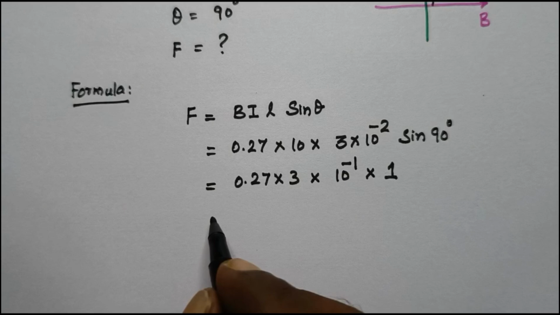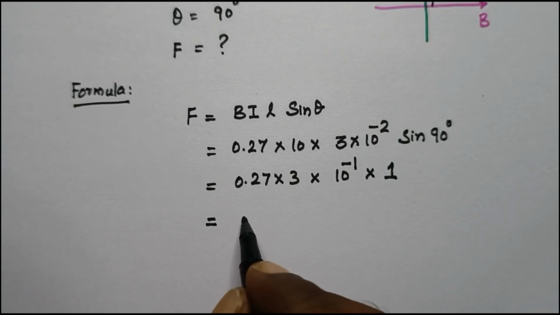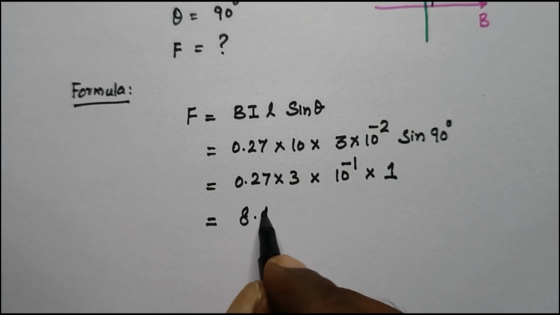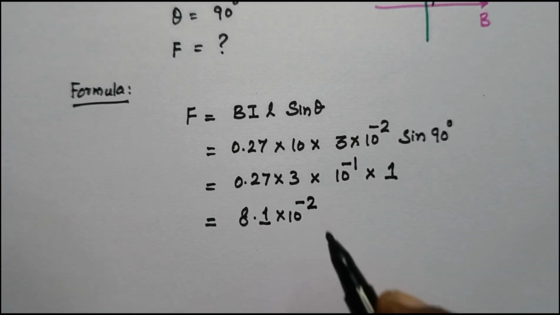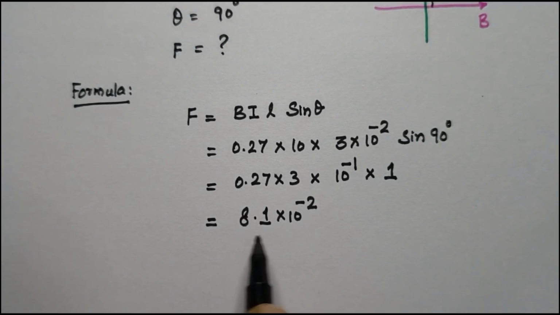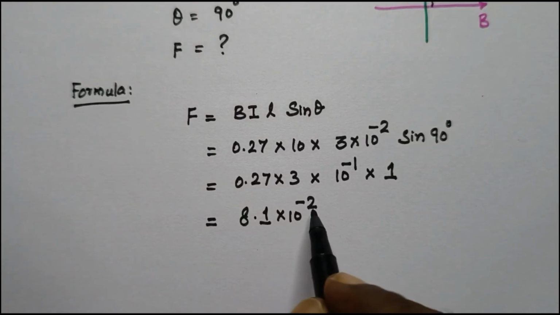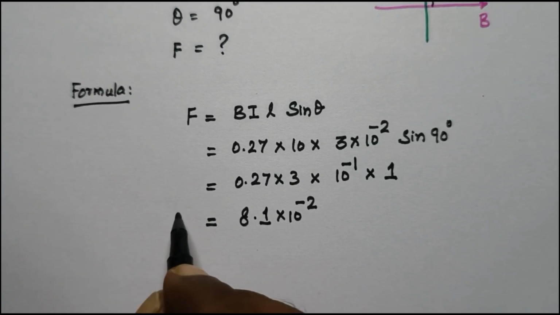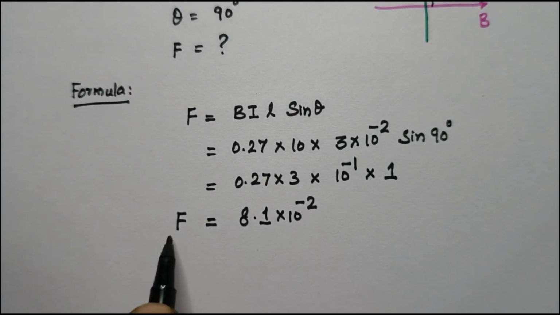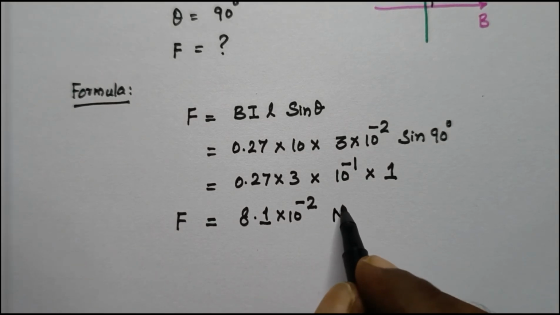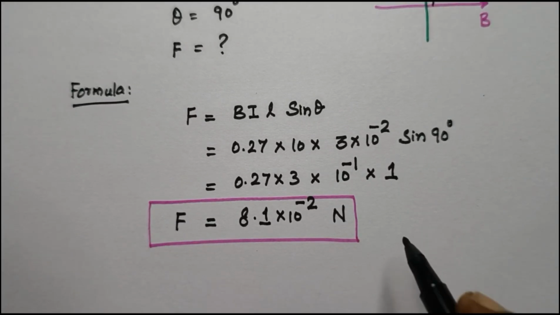If you calculate, we will get this is equal to 8.1 into 10 to the power minus 2. This is the value of the magnetic force on the wire. So F is equal to 8.1 into 10 to the power minus 2. Unit of magnetic force is Newton. So this is the magnitude.